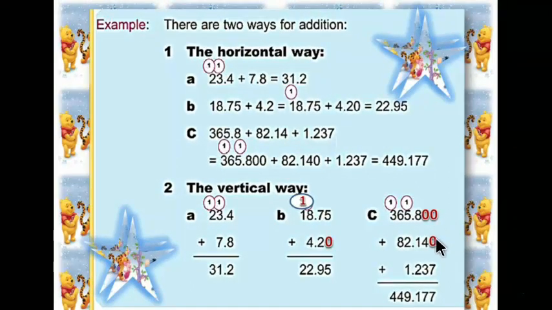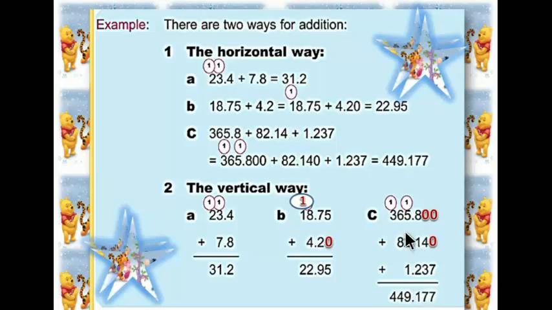0 plus 0 plus 7 equals 7. 0 plus 4 plus 3 equals 7. 8 plus 1 equals 9, plus 2 equals 11. Write 1 and carry up 1. Please don't forget decimal point. Okay?